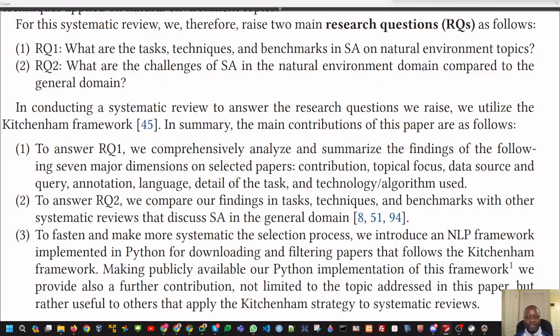So, of course, it's interesting that they developed a Python tool that can assist them to select the right papers, in order to make sure that the process itself is repeatable. Within our research group we are initiating research that might very well be interested in that Python implementation.